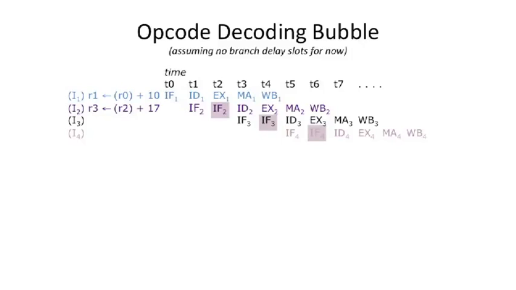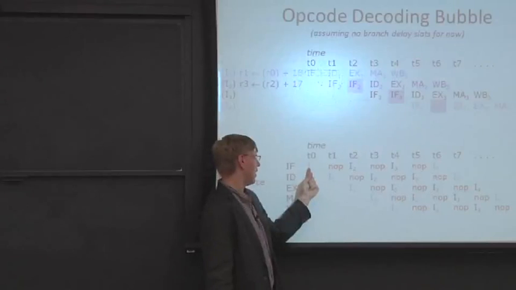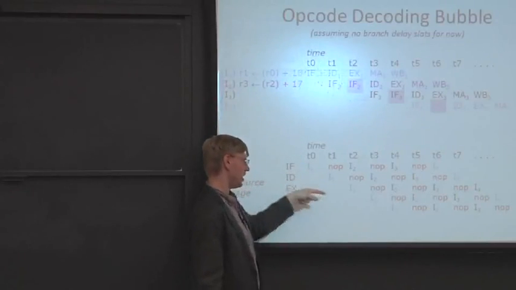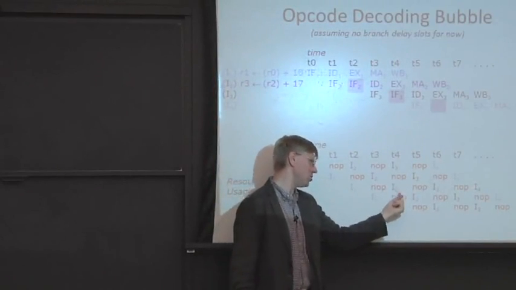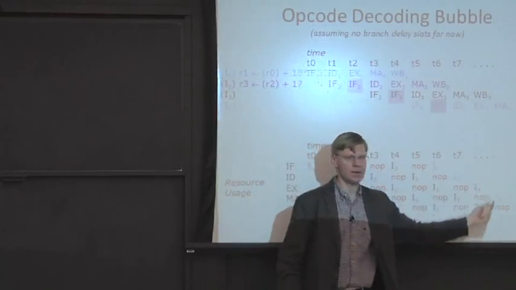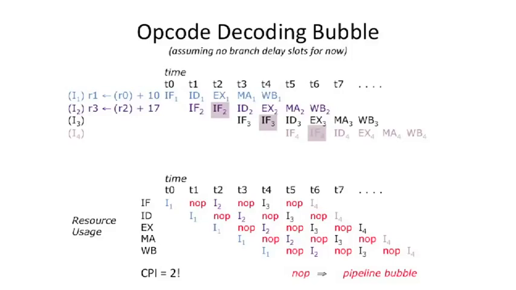We can draw this in the other pipeline diagram axes and see what's happening here. Let's take the execute stage. We're executing instruction I1, then we're no-opping instruction I2, no-op, I3, no-op, and you compute this all out, you end up with a CPI of 2. So your machine is running at strictly half the performance that you want it to run at. Well, that's not very good.